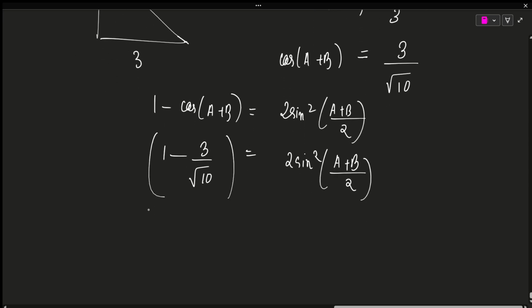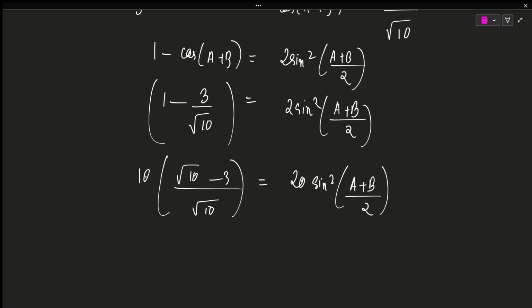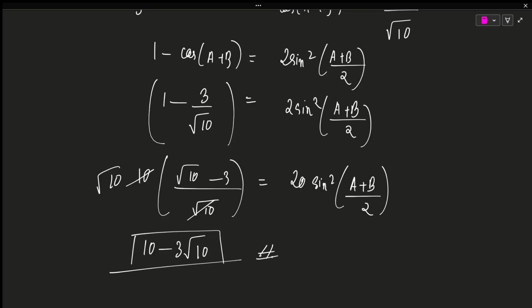So I'm going to multiply both sides by 10, and you just take the LCM over here. Okay, so if you multiply this with 10, you're going to get 20 sine square a plus b by 2. Now if you just cancel this stuff out here, you're going to get root 10 into root 10, then it'll become 10. So 10 minus 3 root 10 will be the correct answer to this particular question.